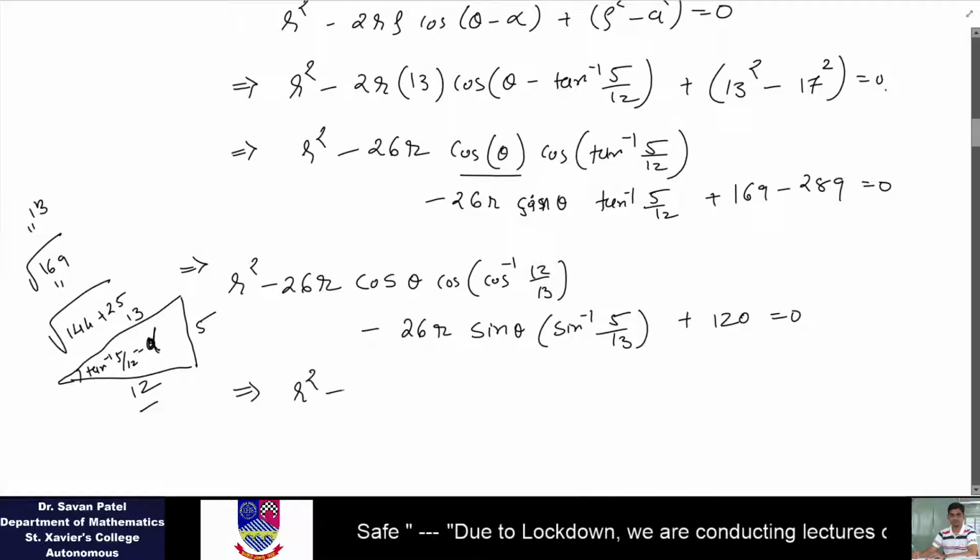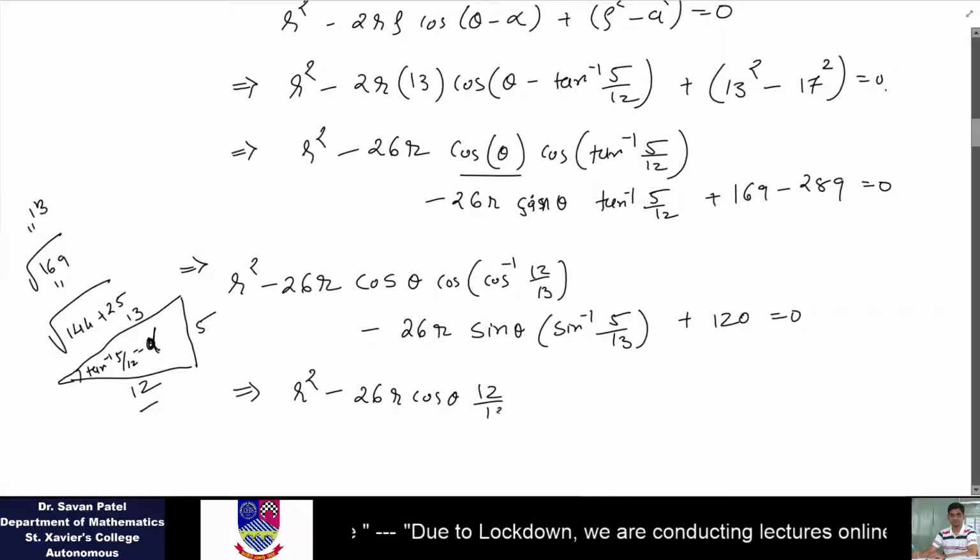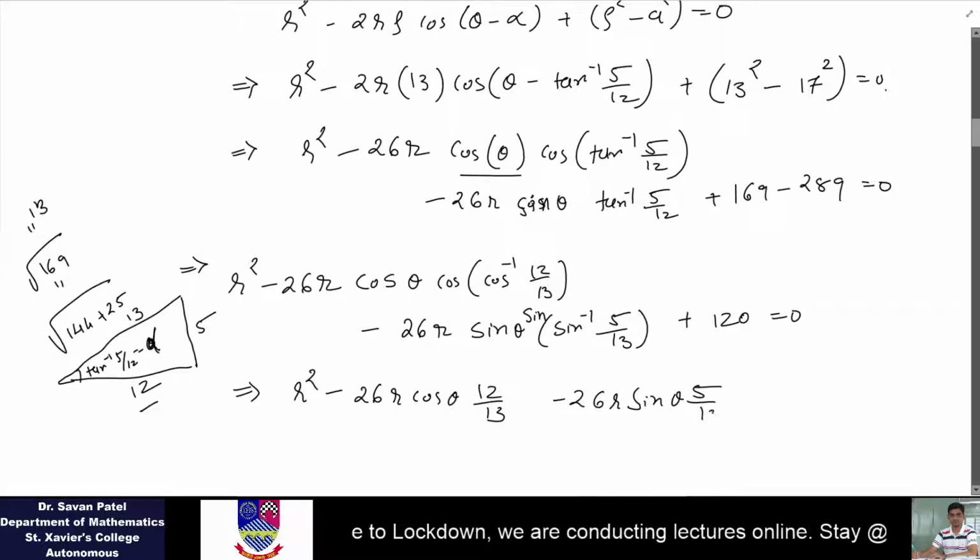So that is r square minus 26r cos theta, cos inverse cancel, so it is 12 by 13, minus 26r sine theta, sorry, here it is sine also there. Okay, so sine inverse cancel, so it is 5 by 13 plus 120 is equals to 0.